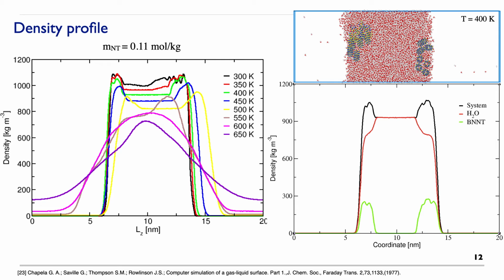It is also important to mention that at temperatures less than 550 Kelvin, the nanotubes are near the interface, but at higher temperatures, the nanotubes tend to unite and stay in the liquid region.